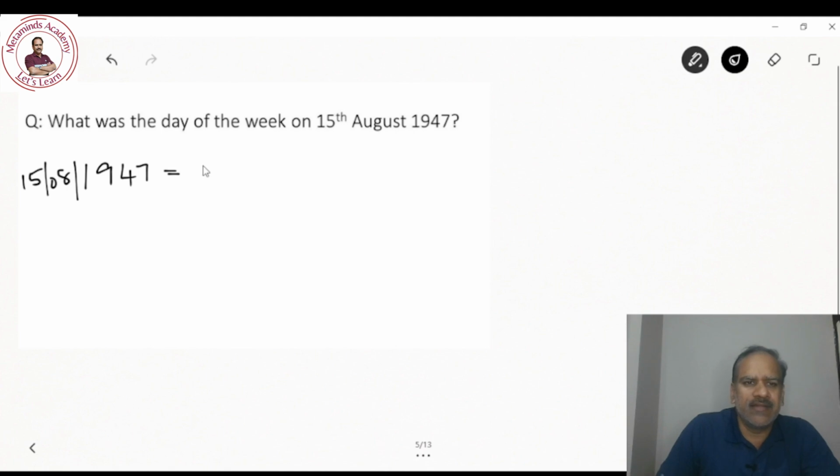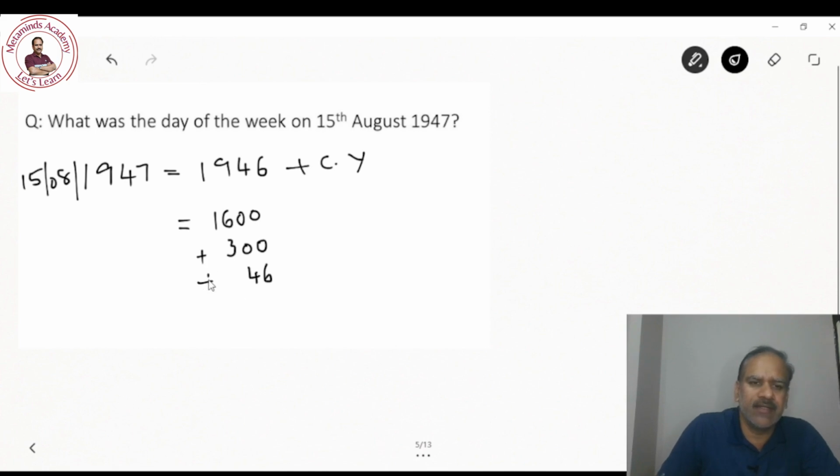It is 1946 years plus current year, right? And we have to break this down into 1600 years plus 300 years plus 46 years, plus current year. I am writing the same in vertical form.